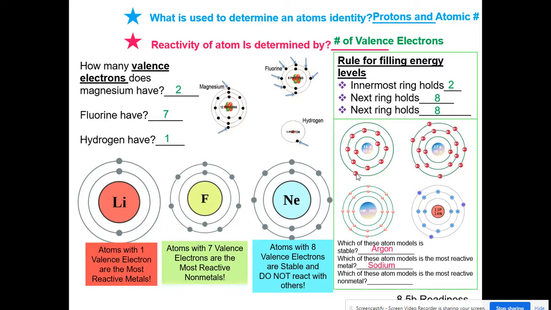You got it. Sodium. Sodium is the most reactive metal of these four elements. Which of these atom models is the most reactive nonmetal? Excellent. Fluorine, because fluorine has 7 valence electrons. Any atom with 7 valence electrons is one of the most reactive nonmetals.